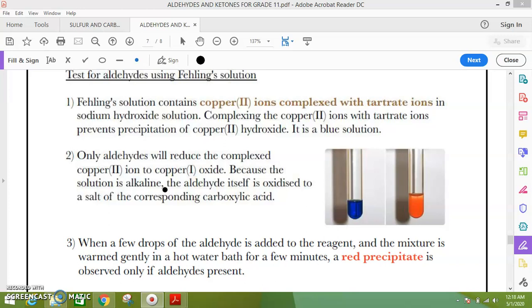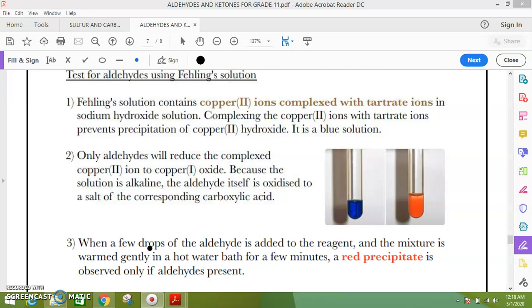Because the solution is alkaline, the aldehyde itself is oxidized to a salt of the corresponding carboxylic acid, as you saw before with Tollens reagent. A similar situation here in Fehling's solution also.